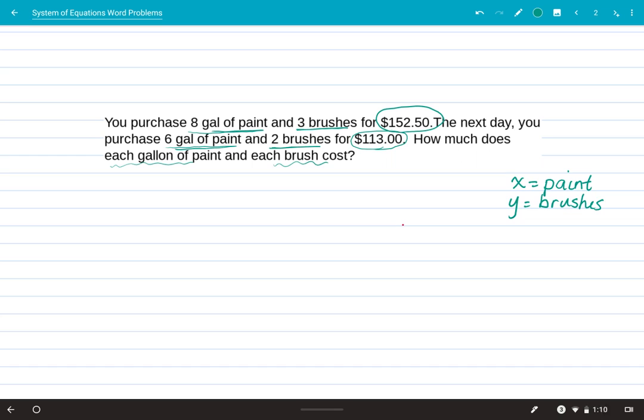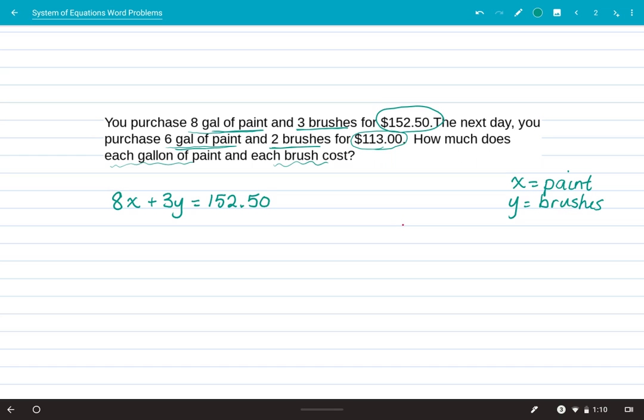Okay. Now, the first sentence is going to be our first equation. So 8 gallons of paint plus 3 brushes gives us our total of $152.50. So I'm going to write that down. 8x plus 3y equals 152.50.